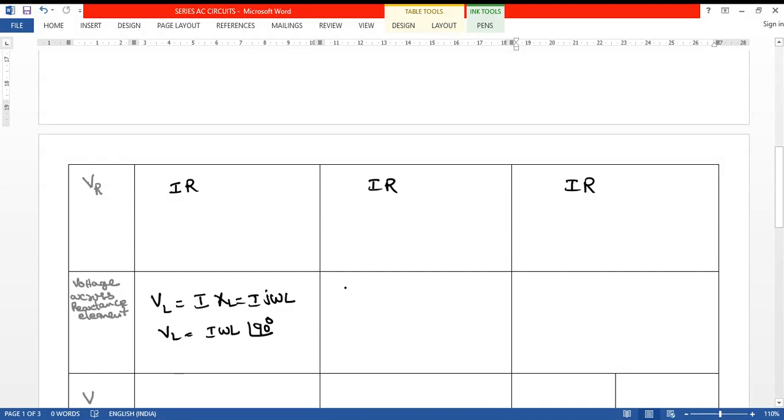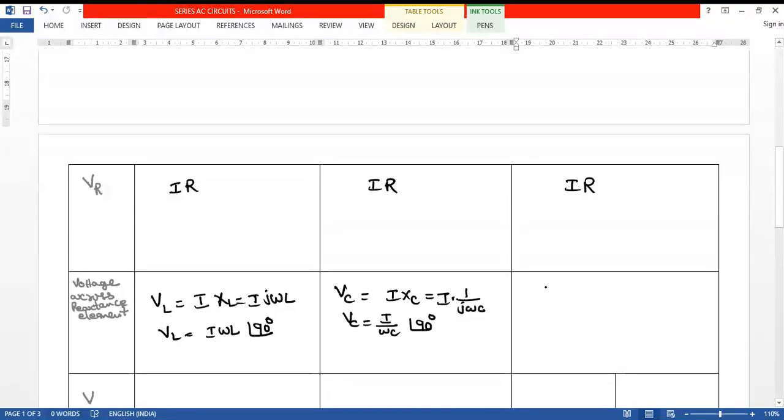Similarly, in the series RC circuit, VC is equal to I XC, which is I into 1 by j omega C. So VC is equal to I by omega C at an angle of 90 degrees.